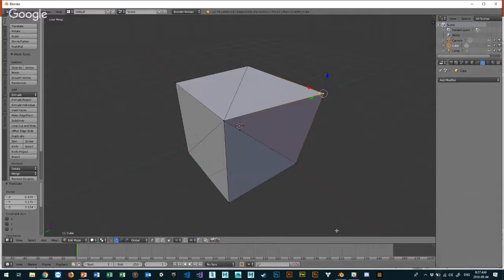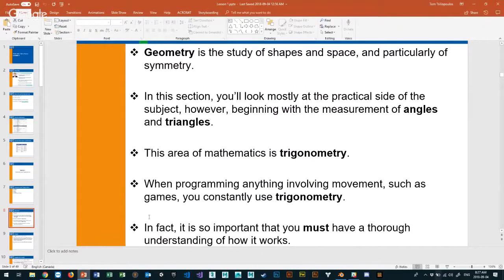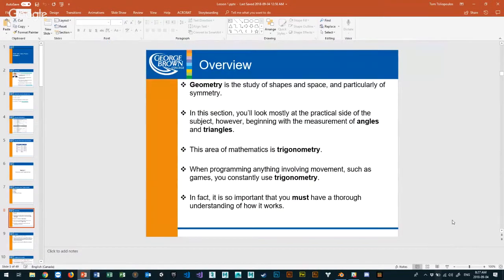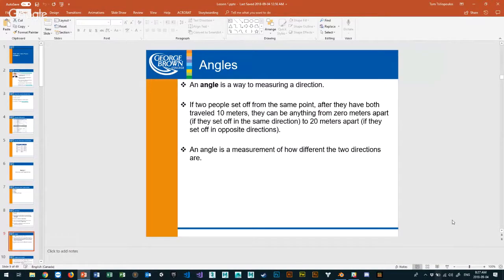So again, triangles are basic units. Let me go back to this. All right. Angles we usually measure with degrees, but most computer applications require radians.